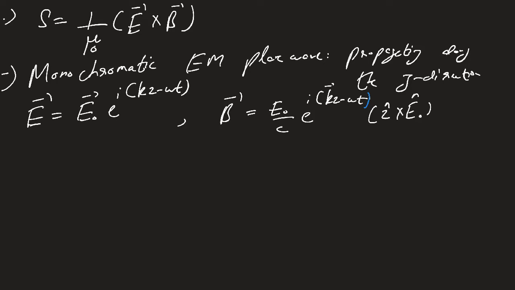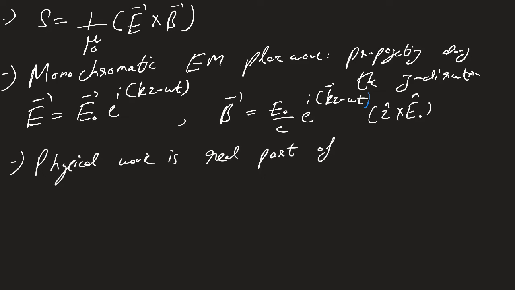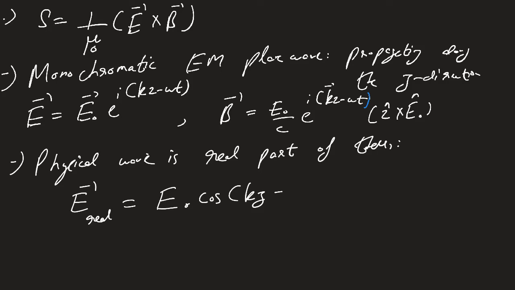Okay, so these are of course the complex notation formats of the electric and magnetic fields. The physical waves would always be the real part of these, right? So the real part of the electric field would be E naught cosine of kz minus omega t.